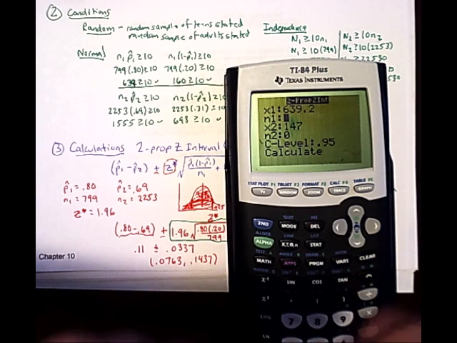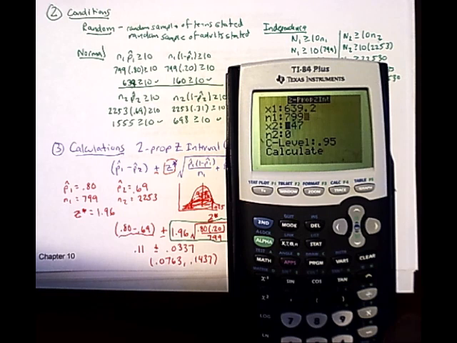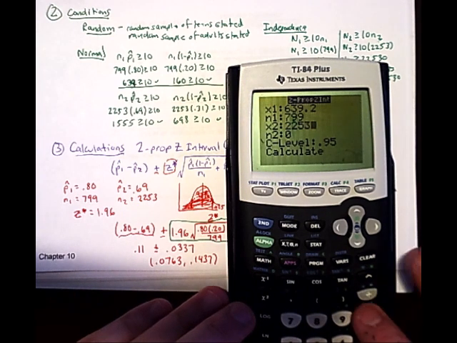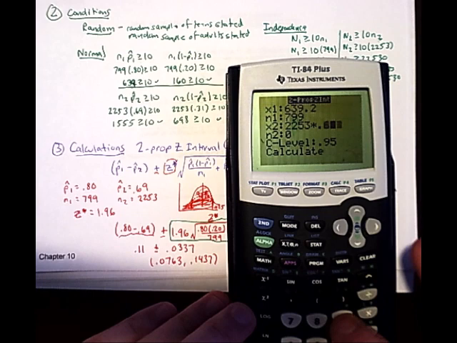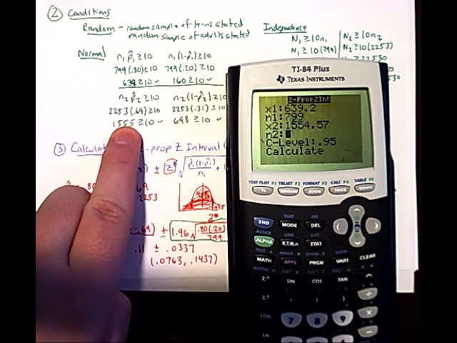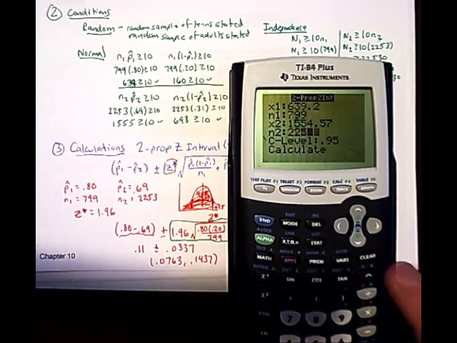The sample size was 799. Now, how many successes for adults? Well, 2,253 were sampled, and of those, 69% said so. So that's 1554.57. That's why I wrote this 1555 here. And the sample size was 2253.